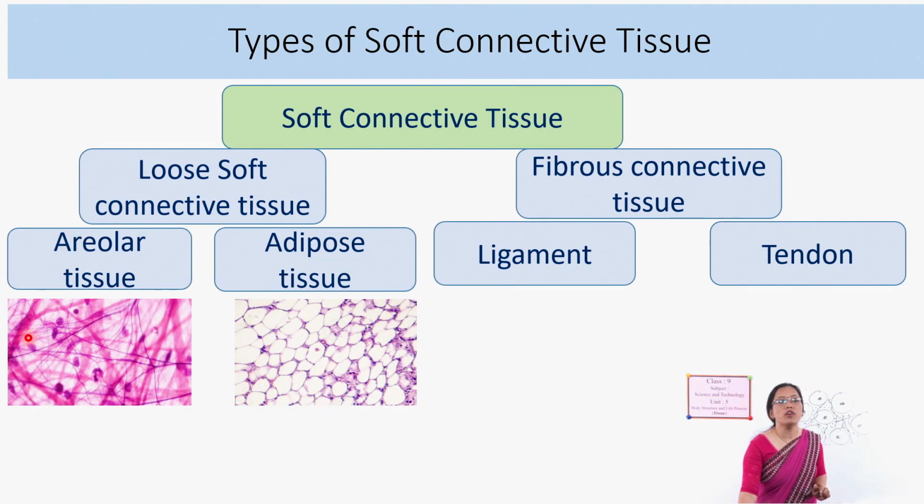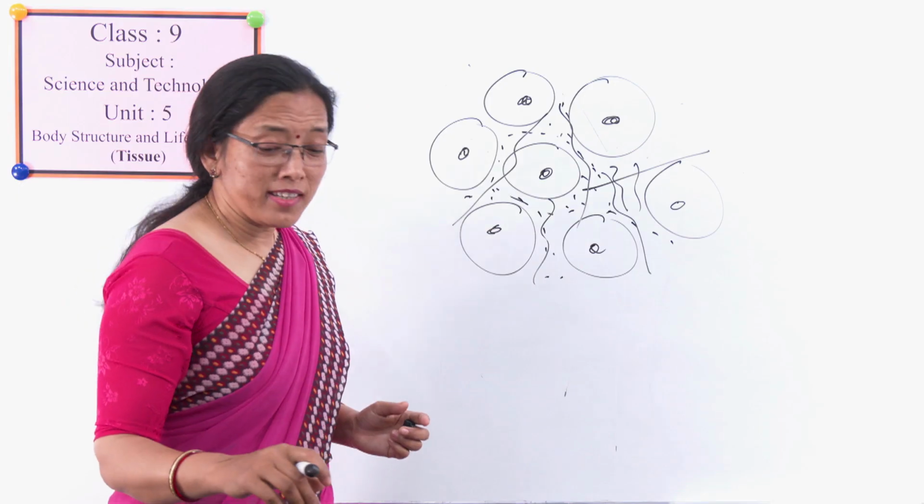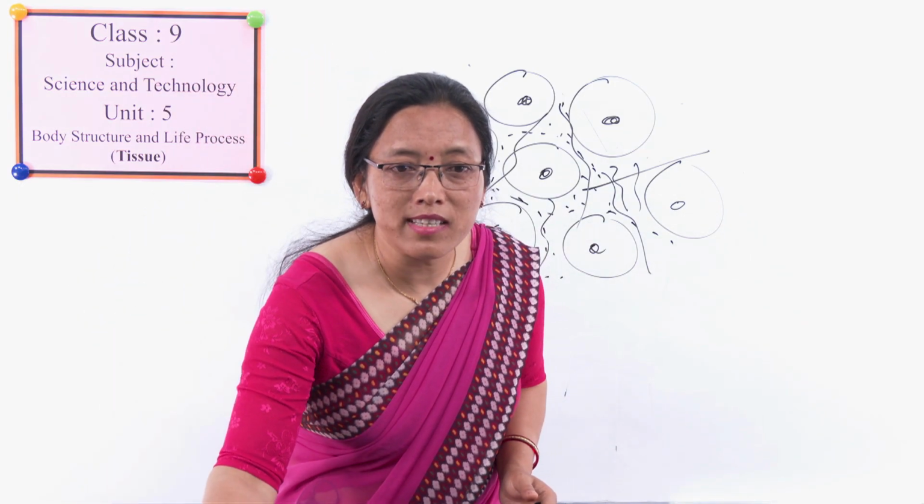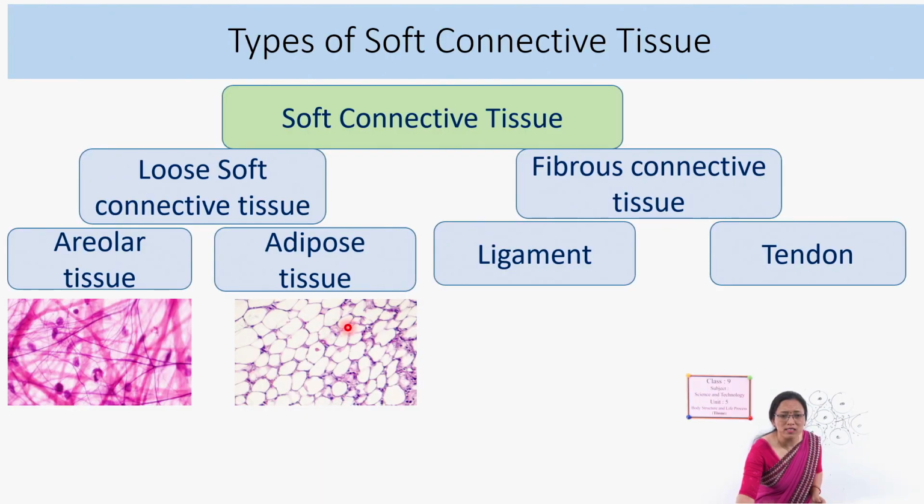It is the modified form of areolar tissue. Have you seen that fat substance? In Nepali we call it boso. Wherever there is an intercellular space or a gap in our body cavity, those fat tissues are filled. So the intercellular spaces are filled with fat and it acts as a cushion for the different organs present in our body.